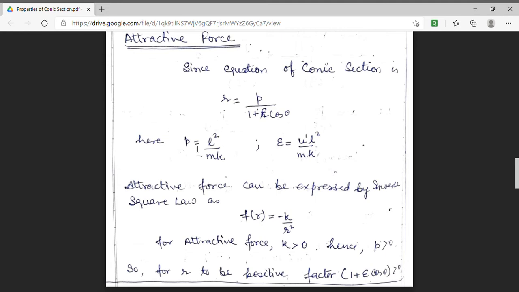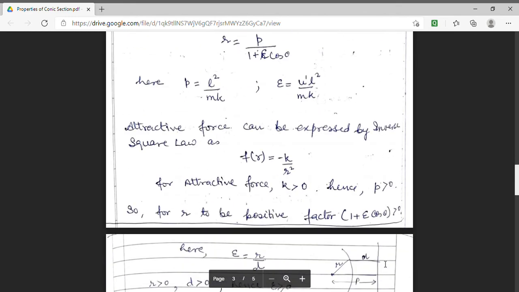Now, since p is positive, for r to be positive, the numerator is positive. For the whole factor to be positive, the denominator must also be positive. That means 1 plus epsilon cos theta must be greater than 0.